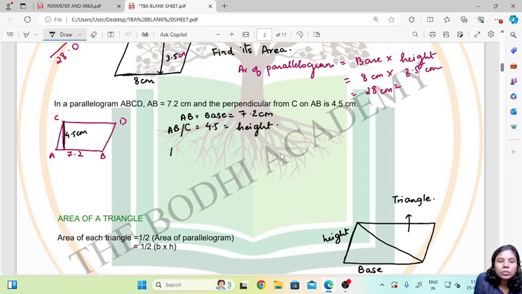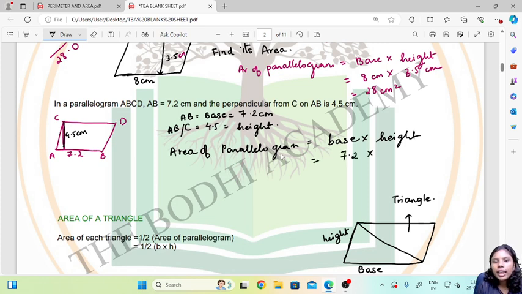So now let's use the formula. Area of parallelogram equals base into height. So our base is 7.2 centimeter and height is 4.5 centimeter. So 7.2 into 4.5.